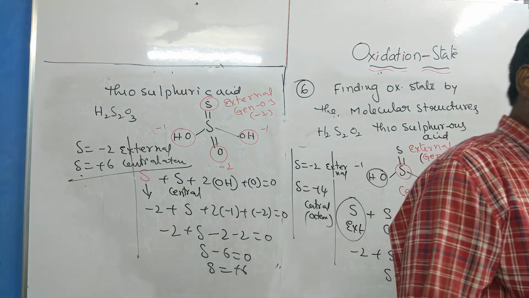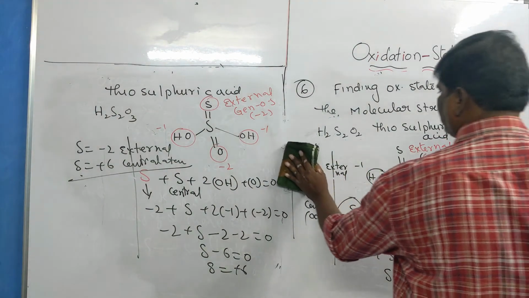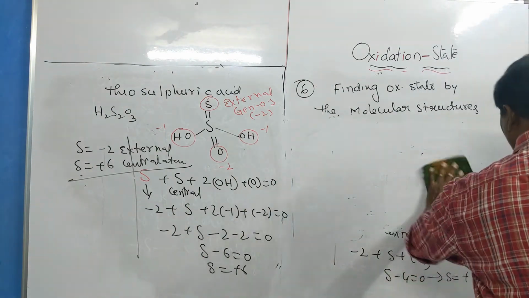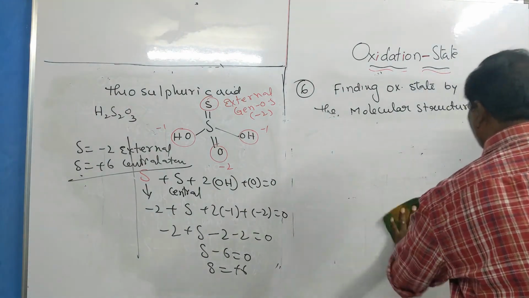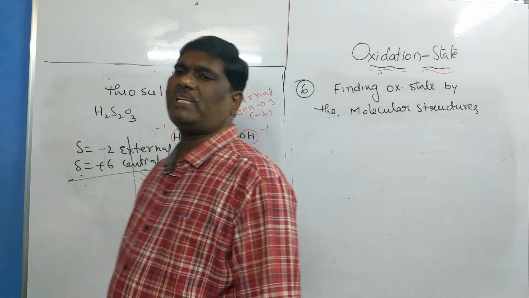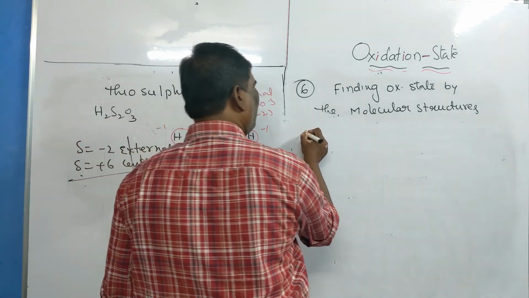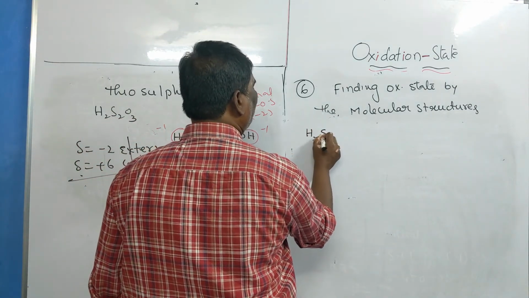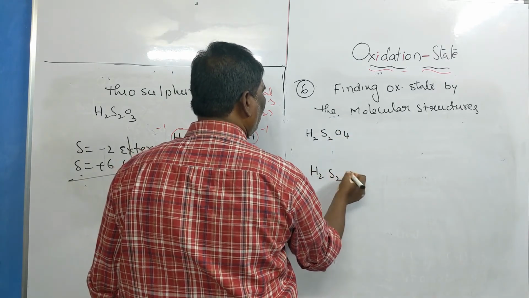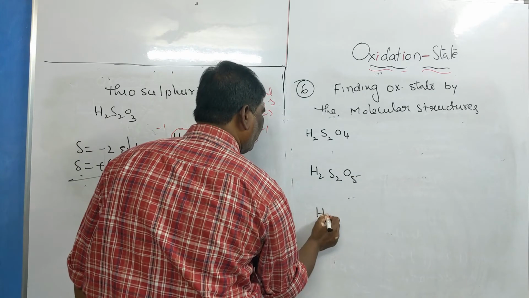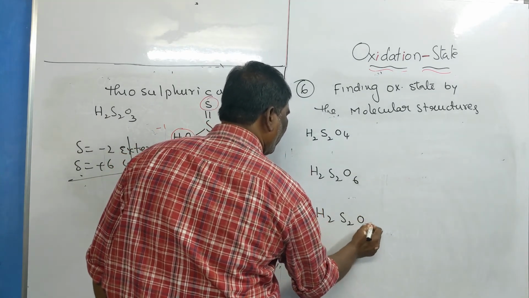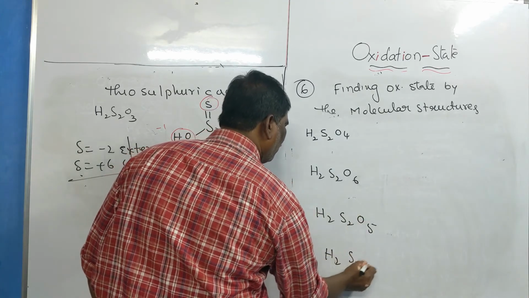In case of the remaining oxo acids of sulfur, the geometries are very simple. They contain only sulfur linkage. What are they? Like H2S2O4, H2S2O5, H2S2O6, and H2S2O7.